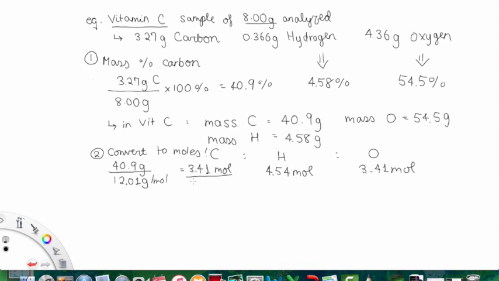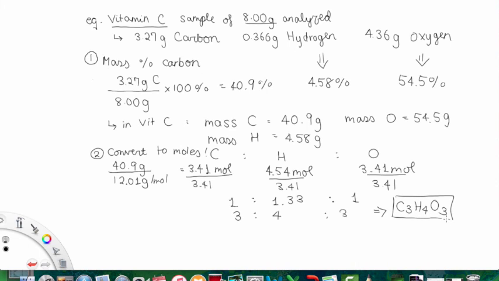So let's divide everything by that, and what do we end up with? 1 to 1.33 to 1. 1.33 is an awkward number, so we want to multiply to get the nearest whole number. If we multiply each of these by 3, we end up with 3 to 4 to 3. Beautiful. So the empirical formula for vitamin C is C3H4O3. Yay.